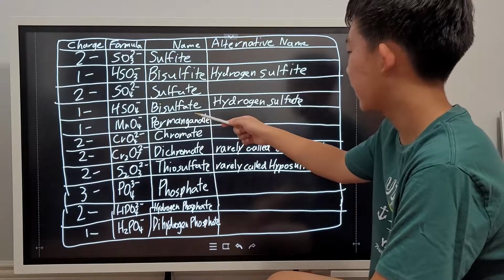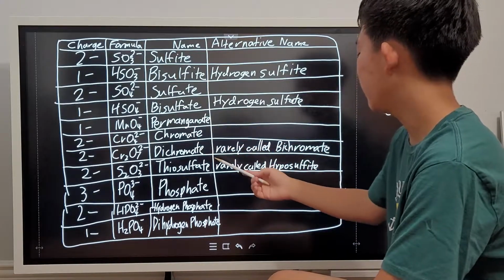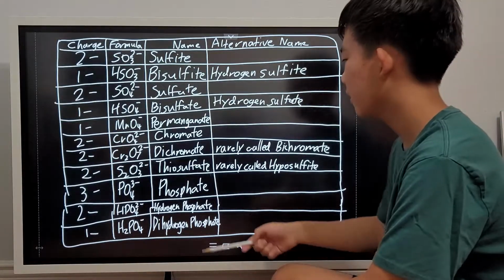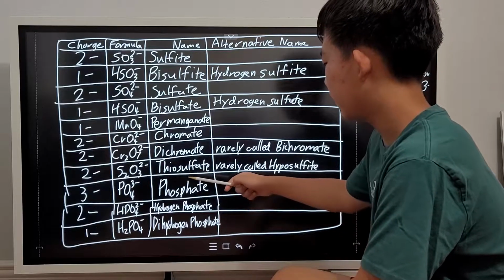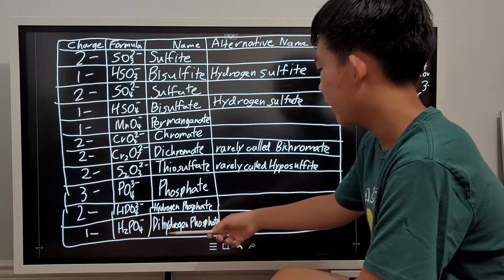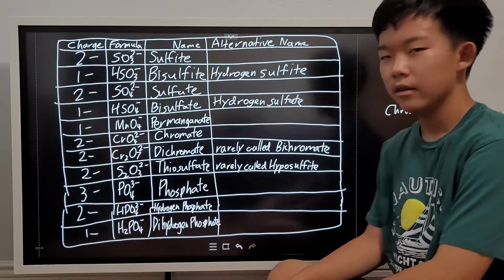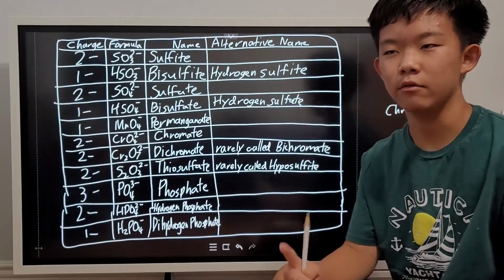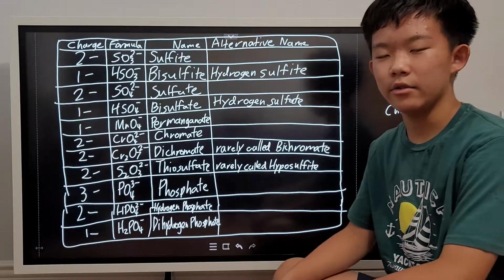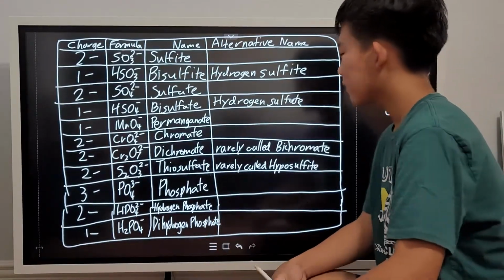The next ones are permanganate, chromate, dichromate, rarely called bichromate, disulfate, rarely called hyposulfite, followed by phosphate, hydrogen phosphate, and dihydrogen phosphate. What makes these two ions different from each other is that hydrogen phosphate only has 1 H+, while dihydrogen phosphate has 2.